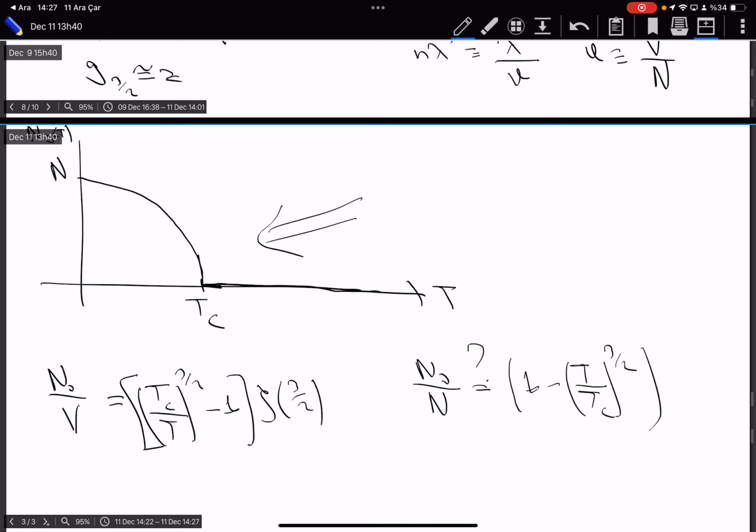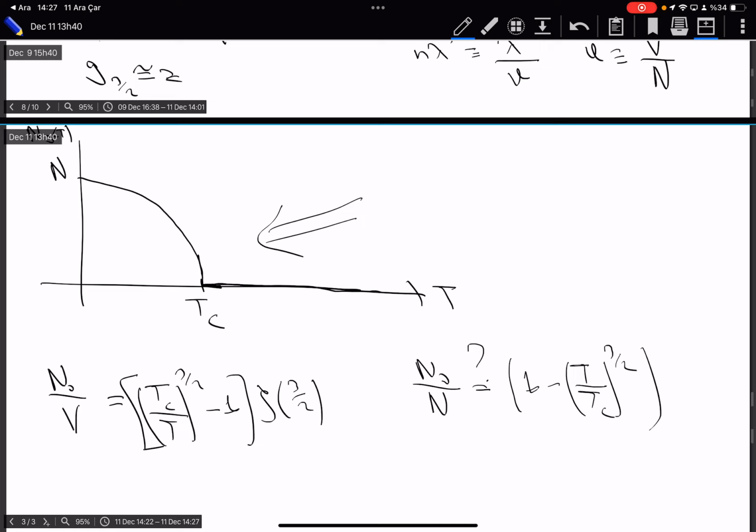For example, if you have water, the volume per particle of liquid water and the volume per particle of water vapor are different. So there is this phase transition of evaporation where this quantity changes discontinuously. Here, the number of particles in the ground state doesn't change discontinuously, it changes continuously, but its derivative changes discontinuously.